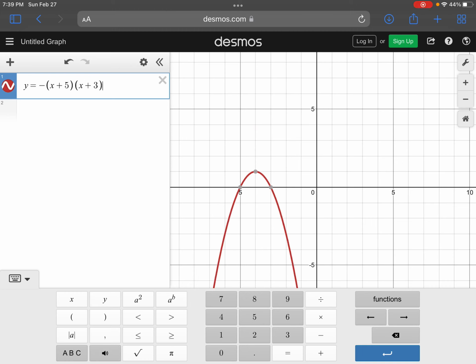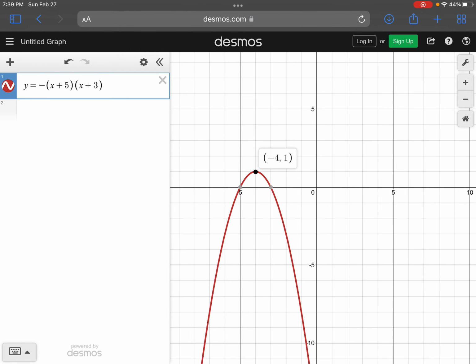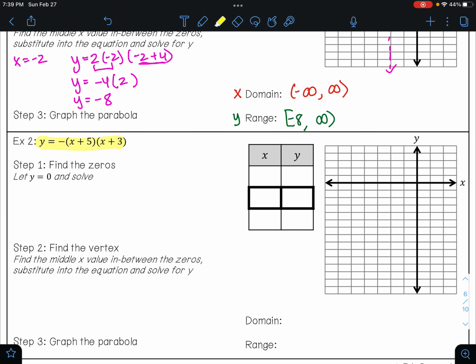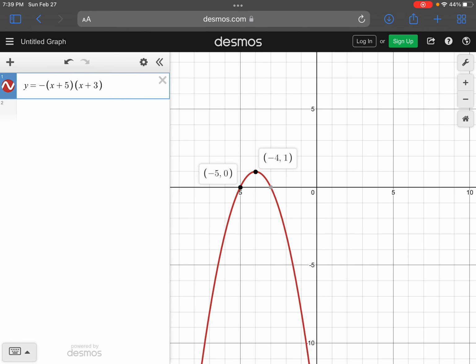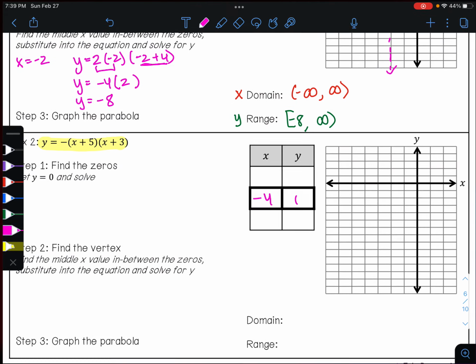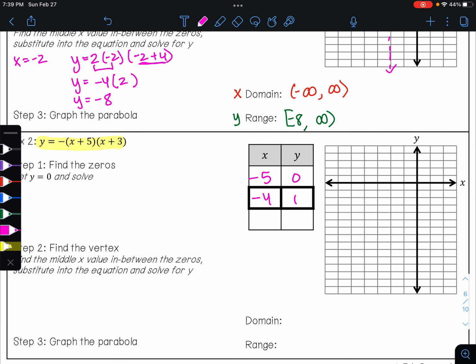So I can see that my vertex is at -4, 1. So let me go ahead and write that down. And then one x-intercept is -5, 0, and the other x-intercept is -3, 0. Let me write those in a different color.